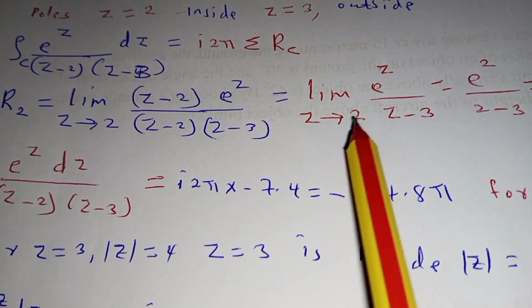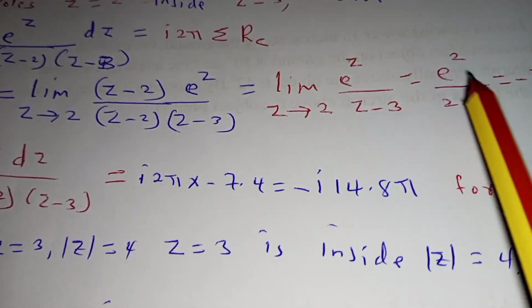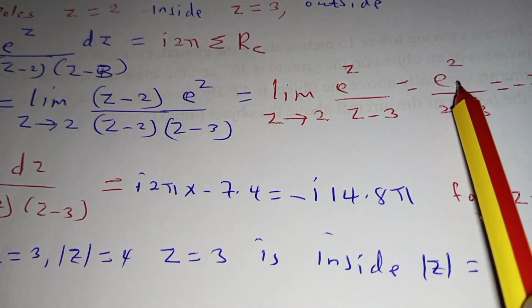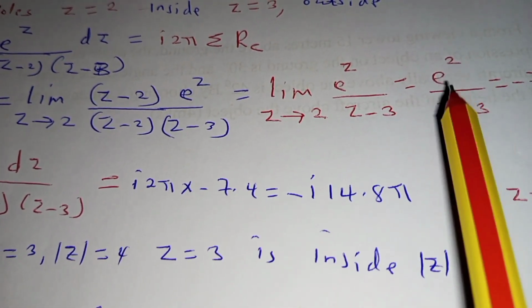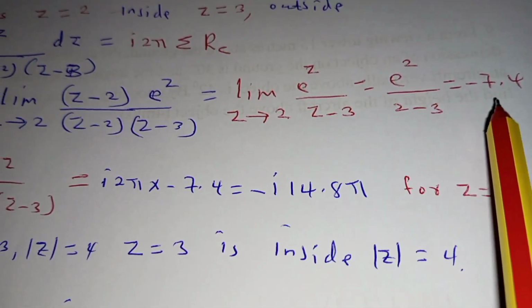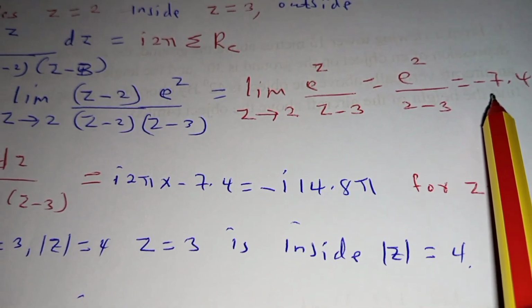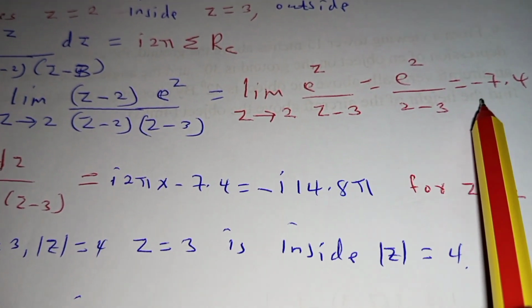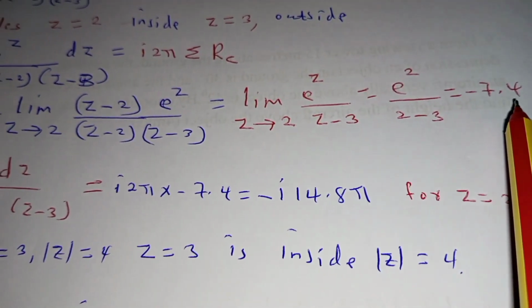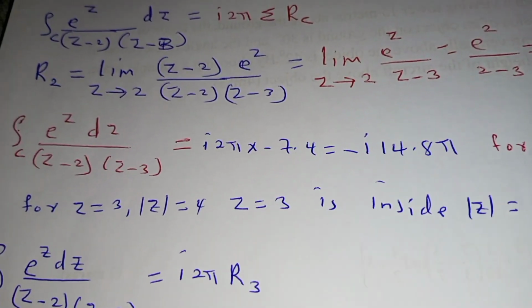Then we substitute z with 2. When you substitute z with 2, exponential 2 divided by 2 minus 3, you are going to get negative 7.4. That is the result.